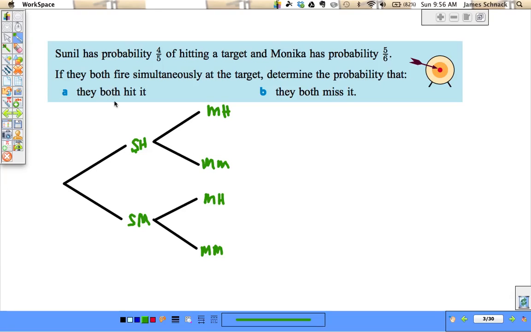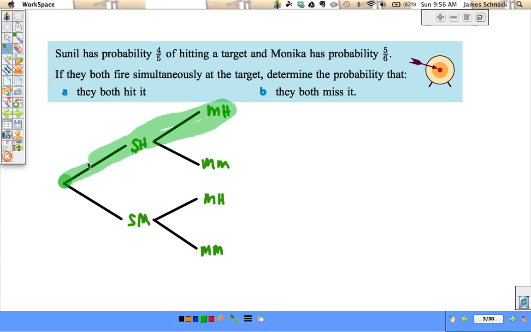But they both hit it. So that would be a Sunil hit and a Monica hit. Is there any other ways for both of them to hit it? No. Okay, so they both hit. Probability Sunil hit and Monica hit.